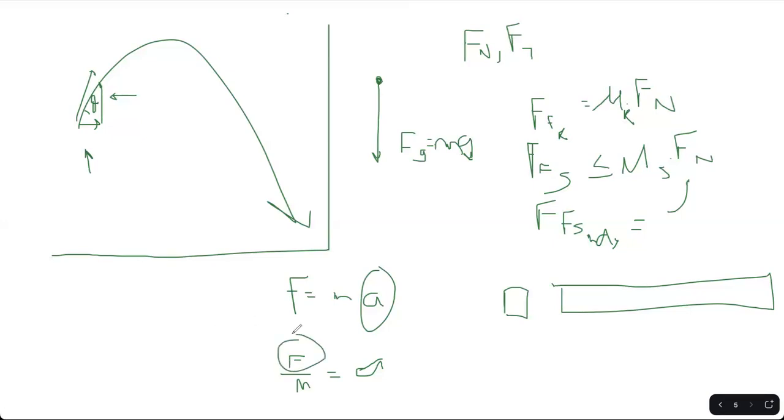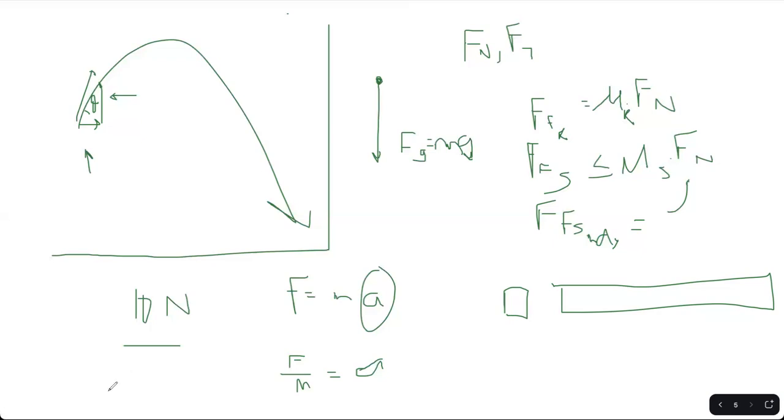The forces are equal, but the mass of the car is much bigger, meaning the net acceleration of the car is very, very tiny. If the force was 10 newtons, which is very big for a bug hitting a car, and the mass of the car is like 1,000 kilograms, it's going to be a very, very small acceleration. It's going to be 0.01 meters per second squared, which does not really change much for the car.